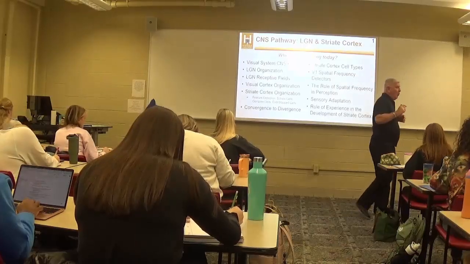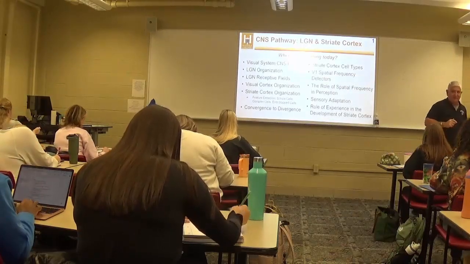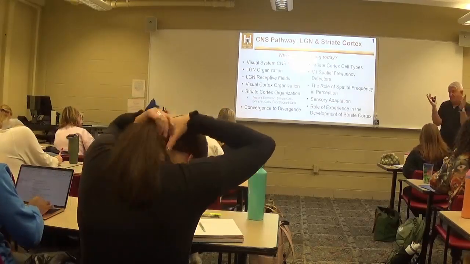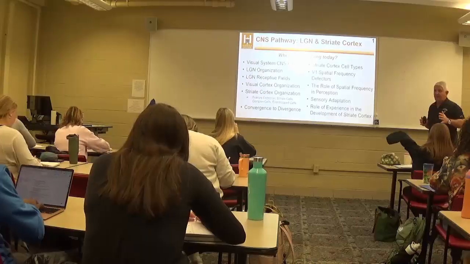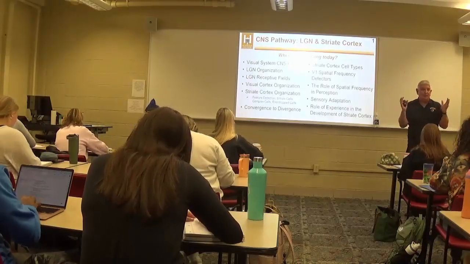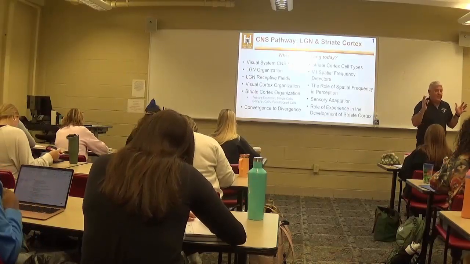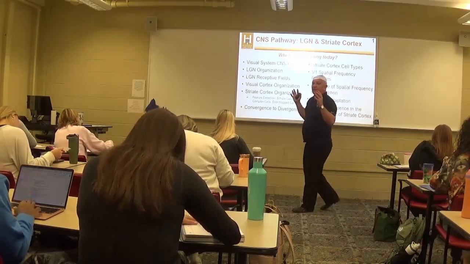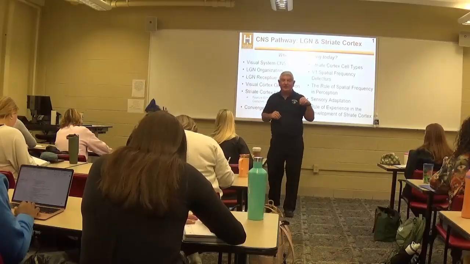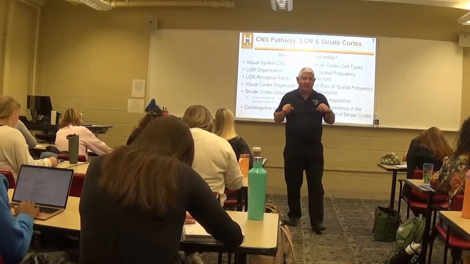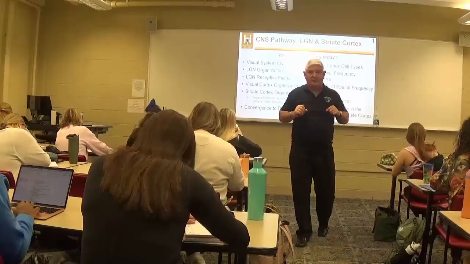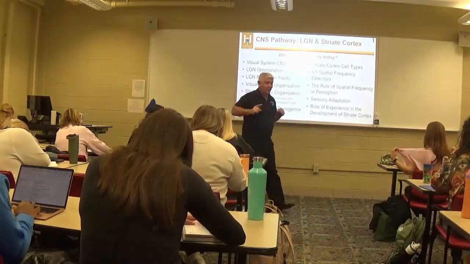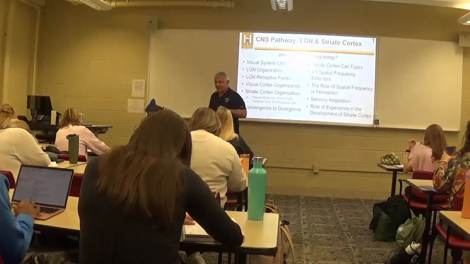We have way more receptors than we have axons that can go to the brain, so we have to funnel hundreds of receptors into a single ganglion cell. And when we do that, we lose the ability to tell where light is in that receptor field unless we create two signals, and then we can at least tell if the light is in the center or the surround, right? So amacrines are responsible for center surround receptor fields that give us two signals for the price of one neuron. Very good.